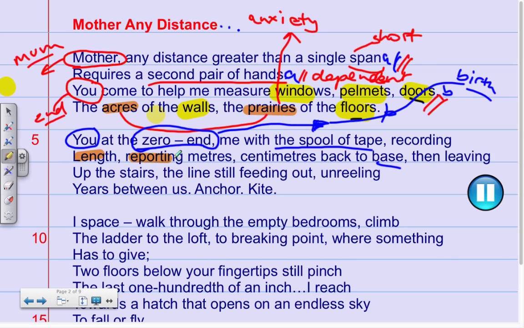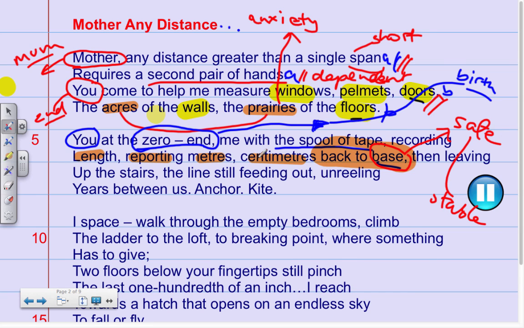Reporting, that's a phrase you might associate with the army. Reporting meters, centimeters back to base. And what do we think of when you think of going back to base? Well, in terms of the army, it's somewhere safe, it's stable.